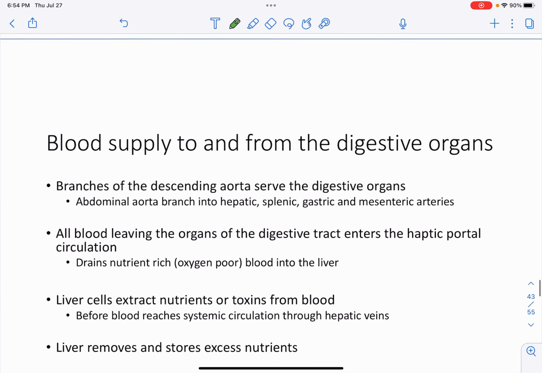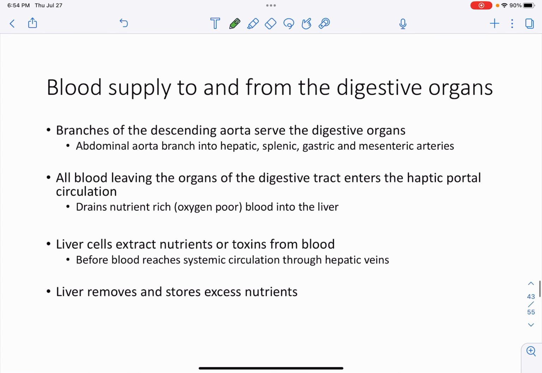All right, this is the other concept that I really want you to understand. So I've outlined it here, and hopefully it's very clear. We've talked about circulation, and we've talked about how all the organs, including the digestive organs, are receiving blood, right?